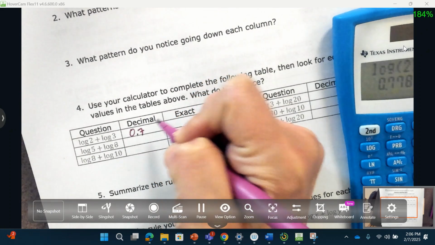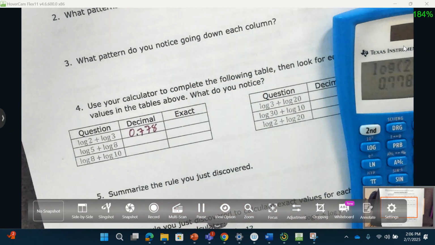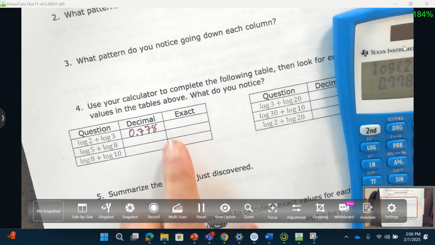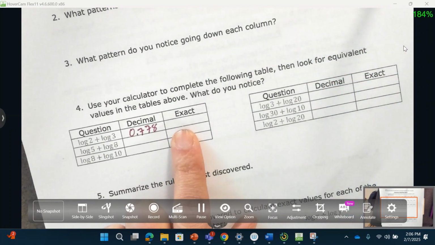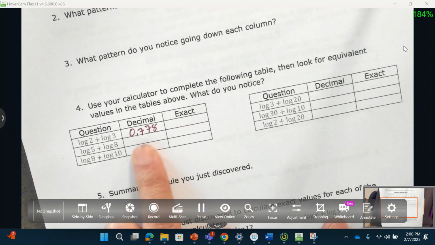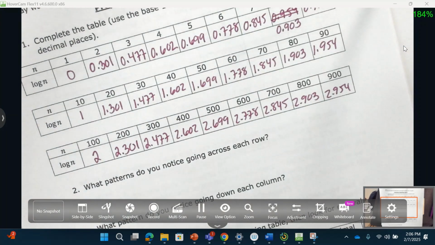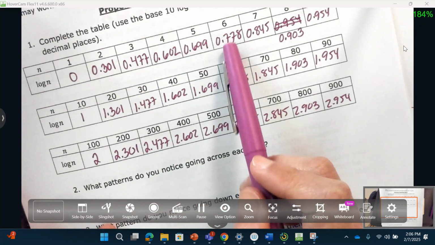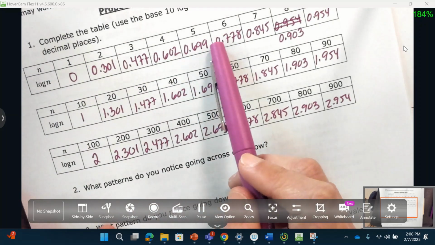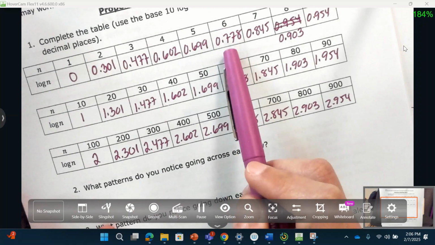And then when it says exact, what they want you to do is to go back into your table and find that particular decimal, 0.778. So I do have a table that is completely filled out that I was working on earlier. So we go and find 0.778, and we notice that it's not log of 5, it's actually log of 6.